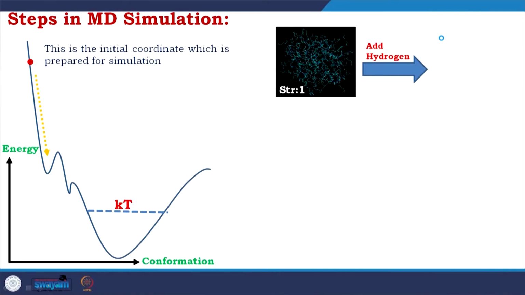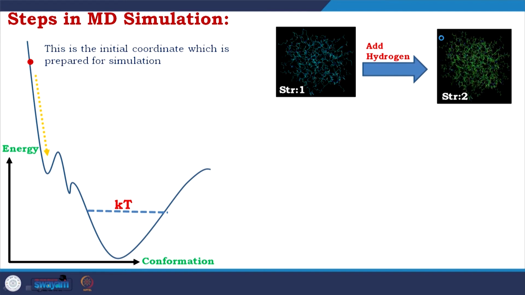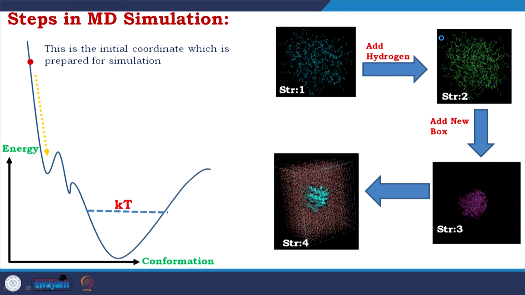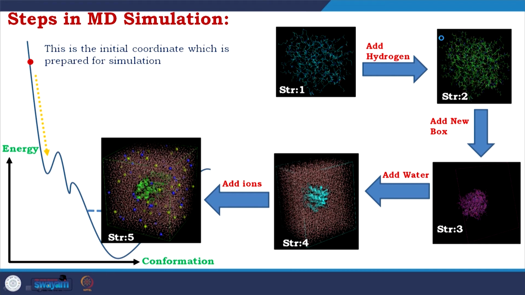What you have to do? You have to do a lot of processes like adding hydrogen, coming to structure 2, then you have to develop a new box, then you have to solvate it, like add water, and finally you have to add ions. So, this is where we finished last lecture.